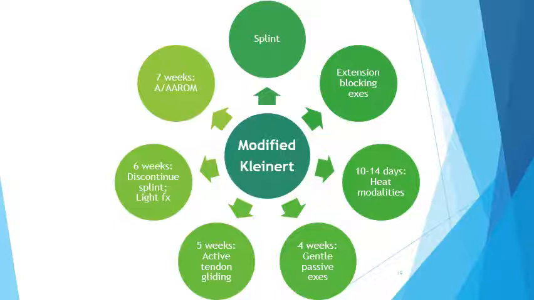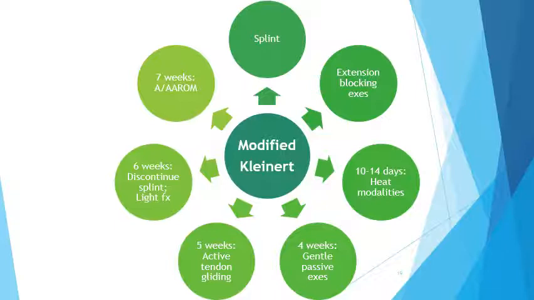From 10 to 14 days, heat modalities can be applied if it is very painful and not over open wounds. At this stage, if the sutures are still in, the sutures can be removed. Scar massage can also be commenced.